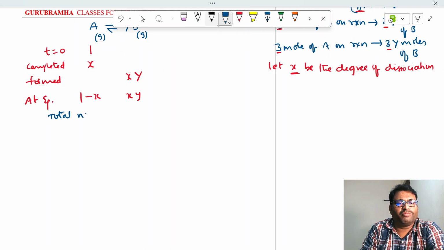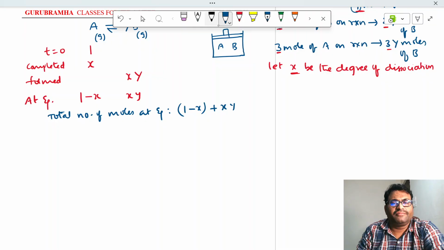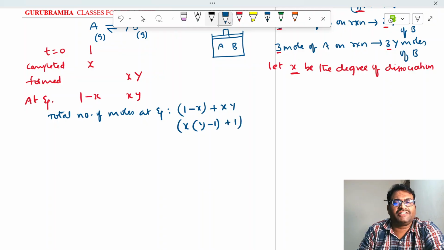Total number of moles at equilibrium: this container contains both A and B, so we count the moles of A and the moles of B. That means 1 minus X is the number of moles of A and XY is the number of moles of B. If I take X as common, this can also be written as X into Y minus 1, plus 1.